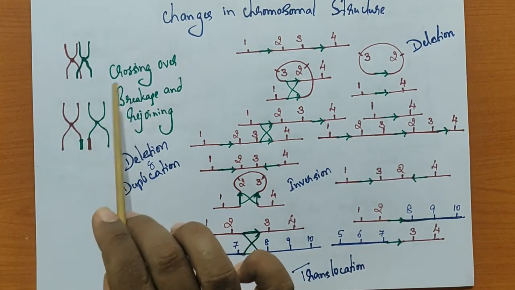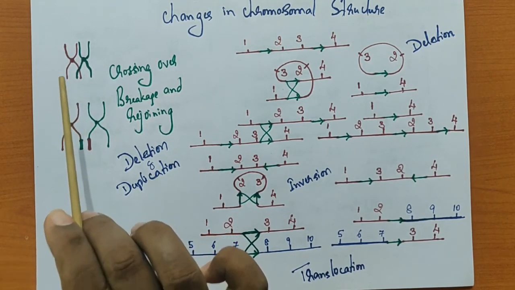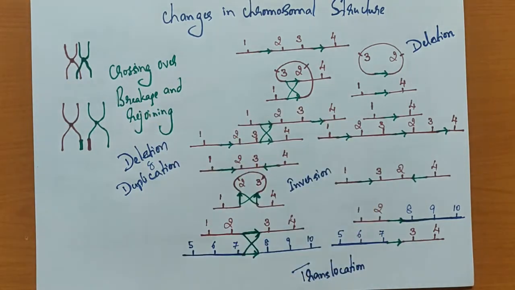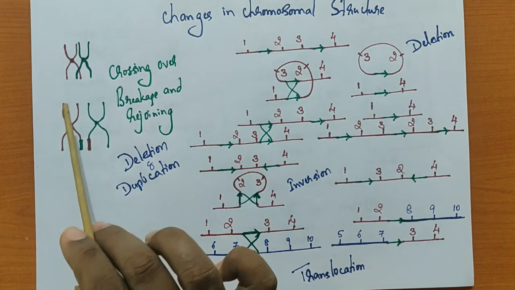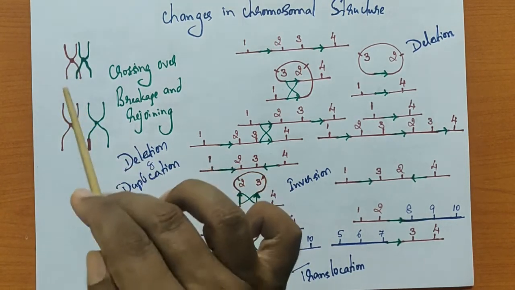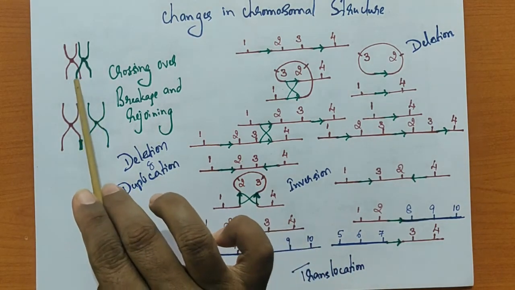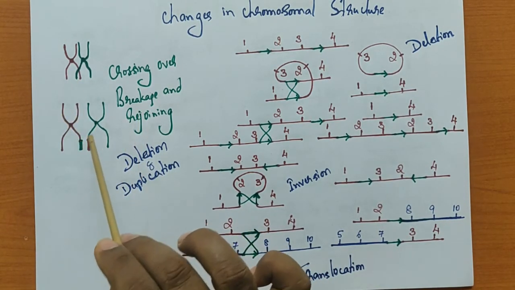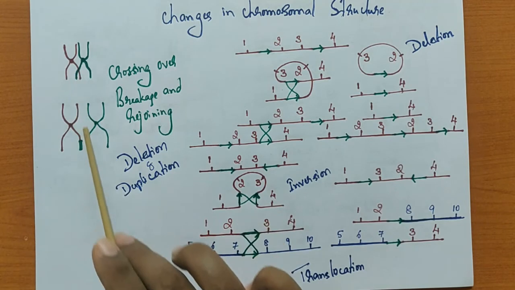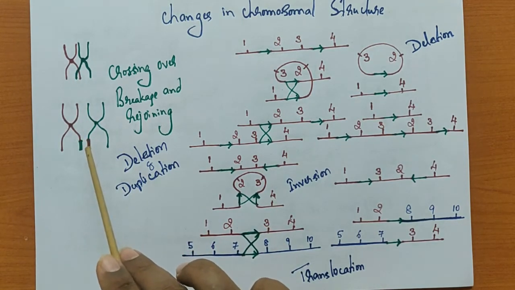Crossing over takes place. Here I have just shown a crossing over in one region, but in any given meiotic cell division, between a pair of homologous chromosomes, there will be more than one crossing over region. What we call a chiasma is going to take place, isn't it? During this crossing over, after the breakup, you can see that a portion of this genetic material is associated with this chromosome and another portion with this chromosome, isn't it?